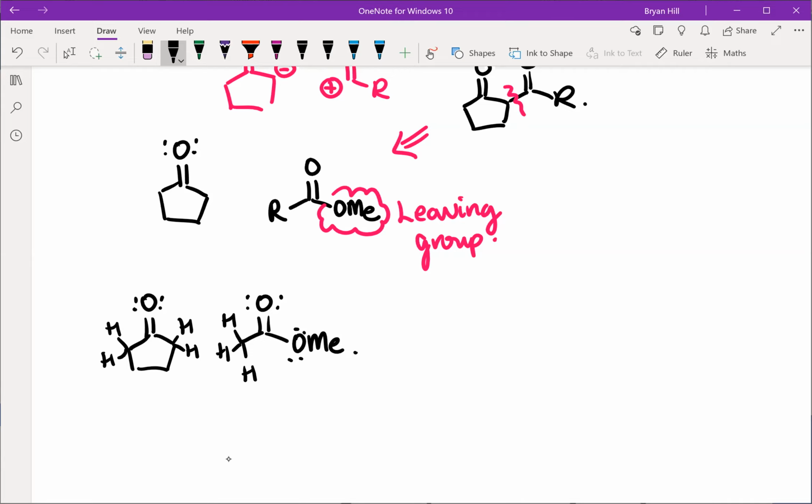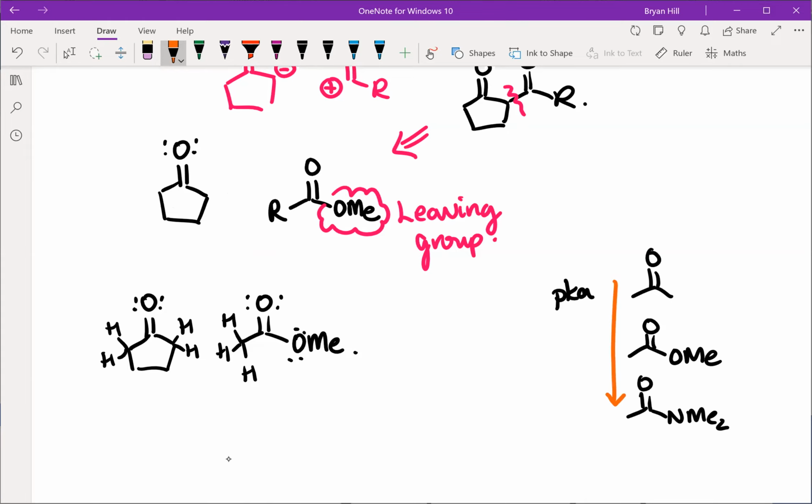So it turns out that when it comes to the pKa's of alpha protons, there are certain things that are important. If you're going from ketones to esters to amides, the pKa is increasing in this direction.